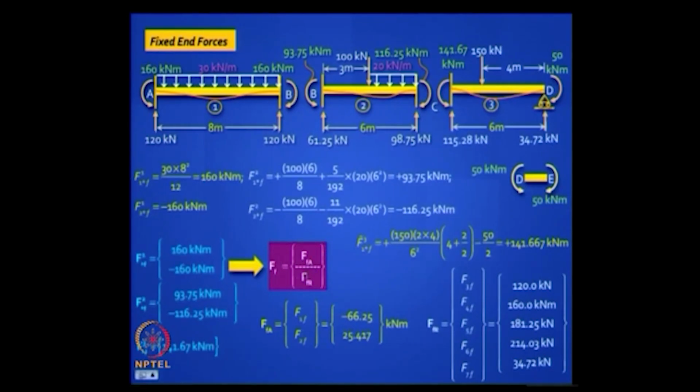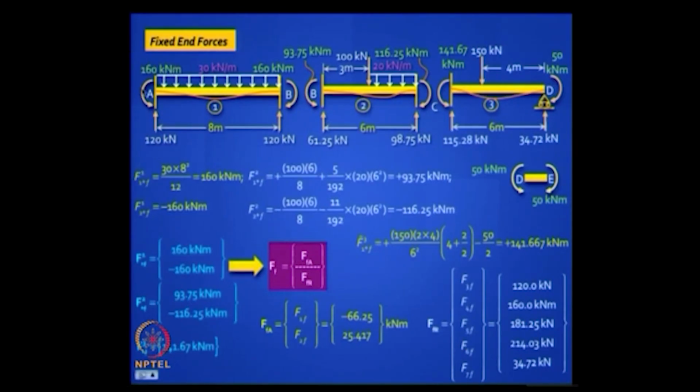FFA corresponds to the two coordinates 1 and 2. 1 and 2 are here, these two moments and these two moments, right? So you just algebraically add up those two moments, you will get F1F, F2F. Is this clear? The net moment that you get corresponding to the fixed end moments at B and C, that's F1F and F2F. And what is F3F, F4F?